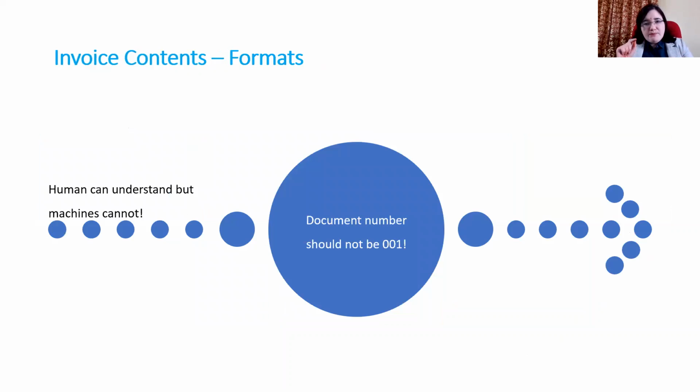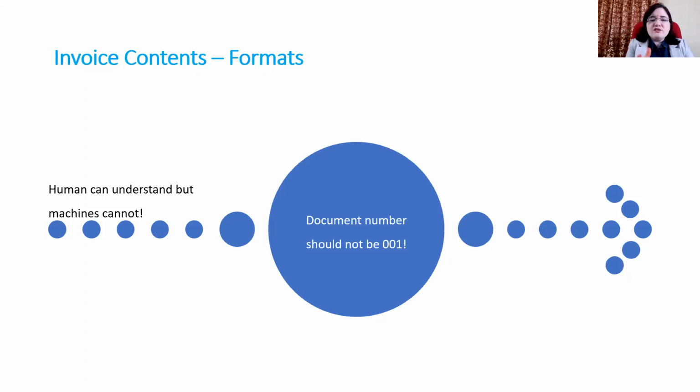But keep in mind a very important thing: whenever you are choosing the invoice number, don't choose 001. Don't start with 0, because now you are going to report that invoice to the online portal and the system does not read the leading 00. For the purpose of the system, 001 is the same as 1.